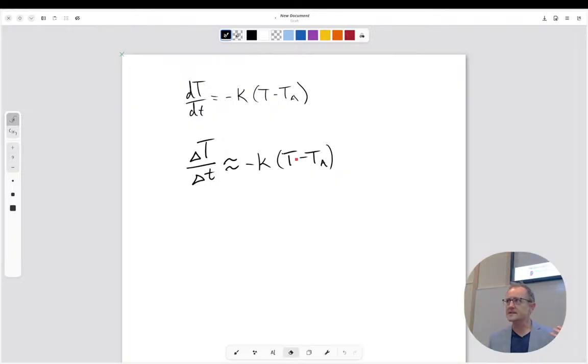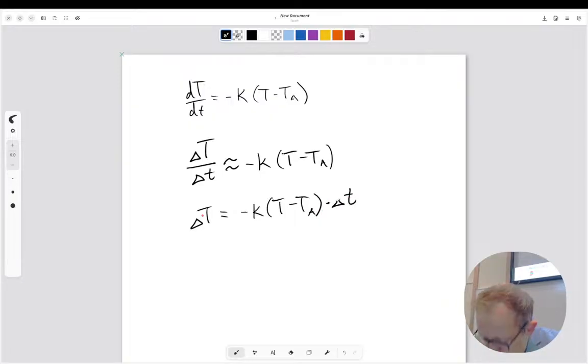If I can say that a change in temperature over change in time is that value, then delta T is negative K times (T minus T_A) times delta T. So the amount that my temperature will increase over a short amount of time is K times the difference between current temperature and ambient. And that kind of makes sense, right? We haven't done anything. All we did was forget the first 3 weeks of calculus and plug it into an algebra equation rather than calculus.